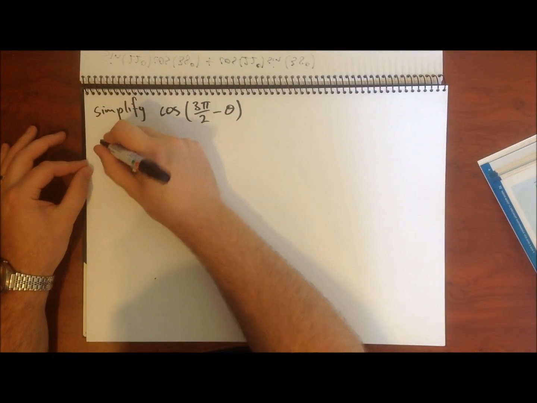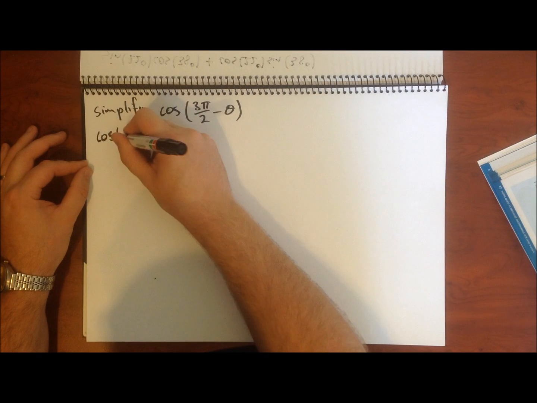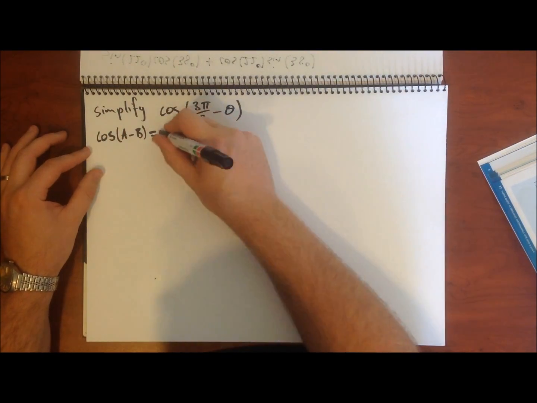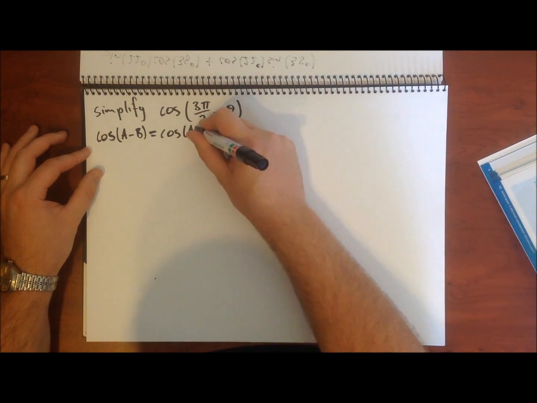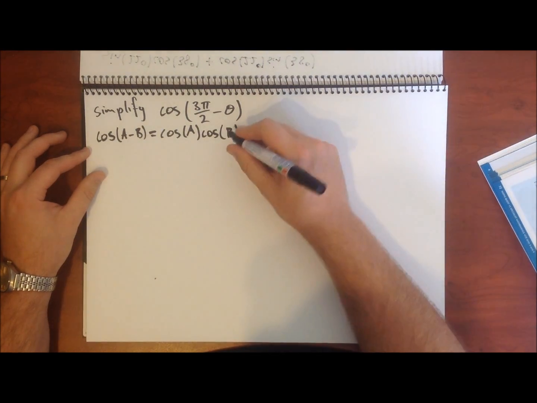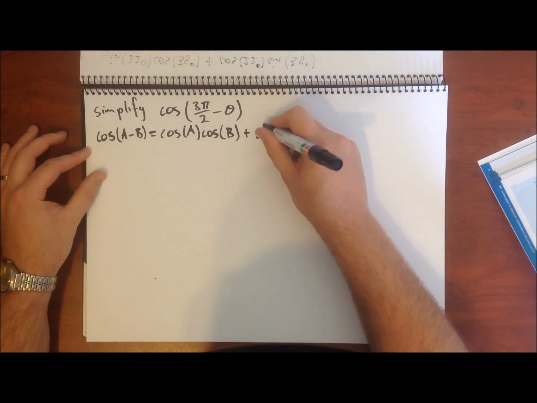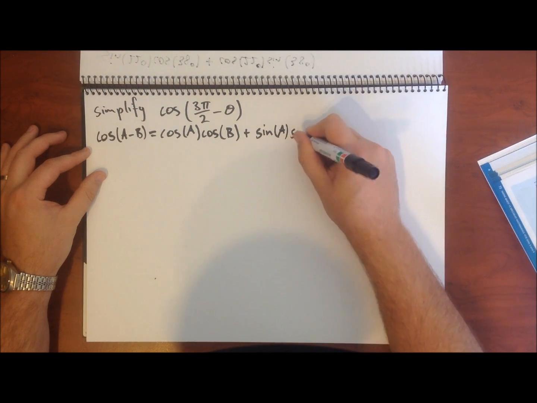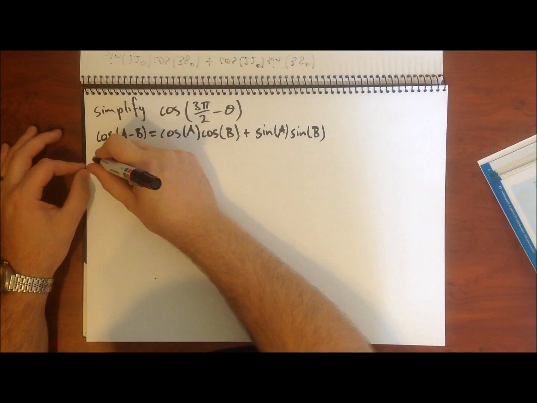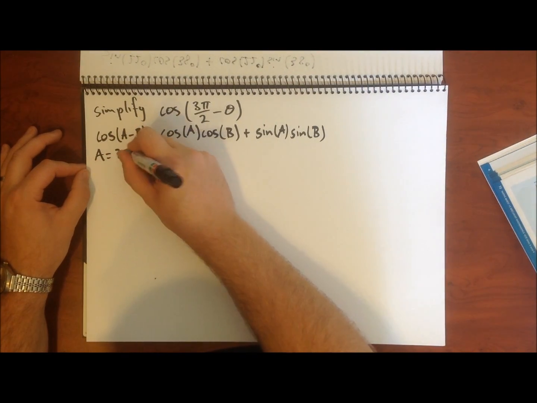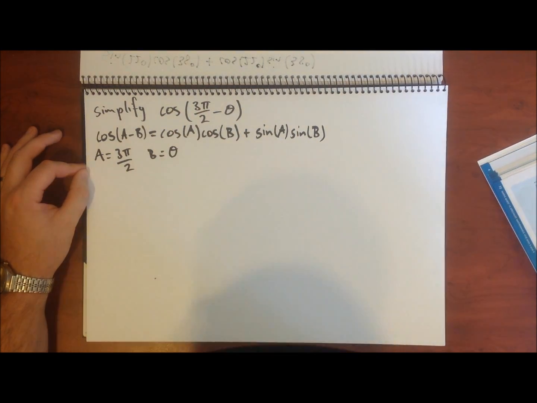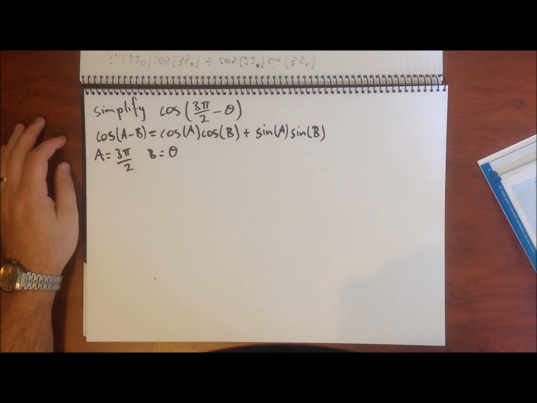Well, we're using cos of A take B. We need to remember that that's cos of A cos of B plus sine of A sine of B. Okay, so we'll leave A equal 3 pi on 2, and we're saying that B is equal to theta. And all we're going to do is sub in the values that we've got.